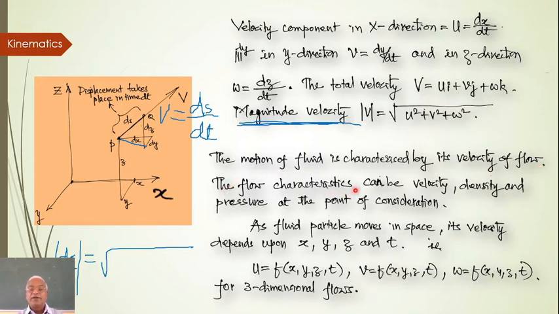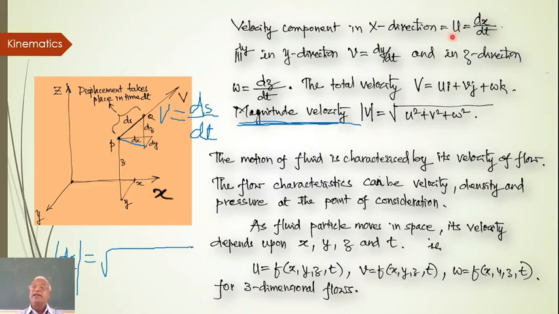The flow characteristics can be velocity, density and pressure at the point of consideration. So that's important. Flow characteristics can be considered at any point, but here I have considered u equal to dx by dt. You can consider pressure in the x direction, px, equal to dx by dt.